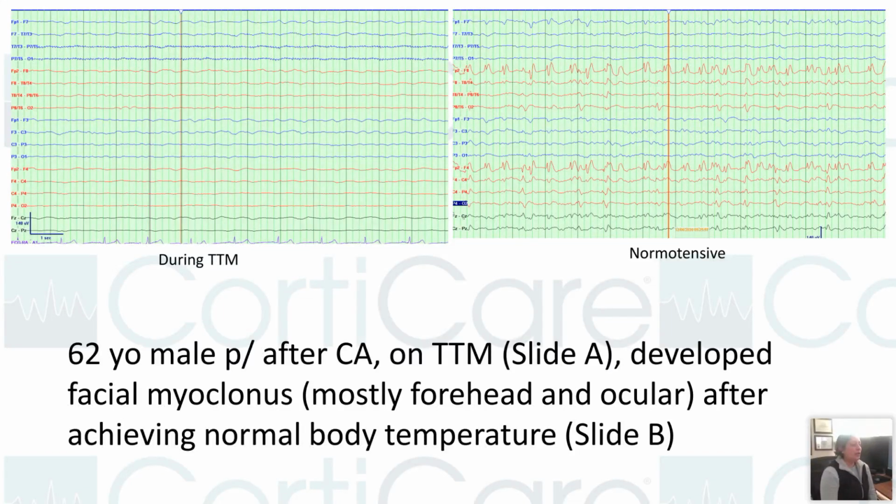So this one here, it happened when the patient was at normal body temperature a day after the cardiac arrest. So we are still within the 48-hour range. This particular case was debatable, whether it was acute myoclonus or Lance-Adams.